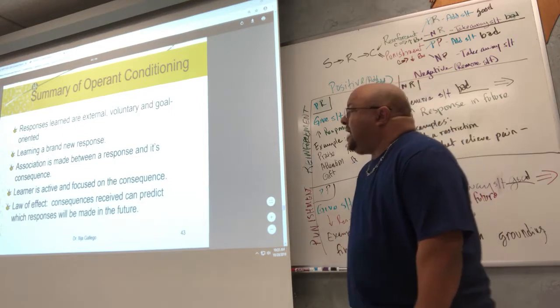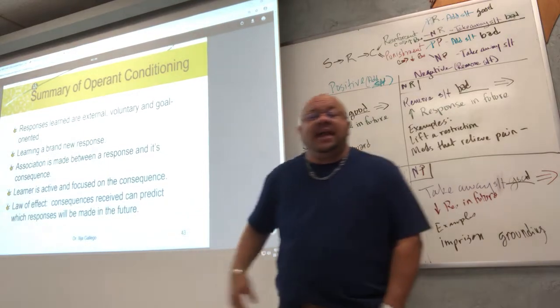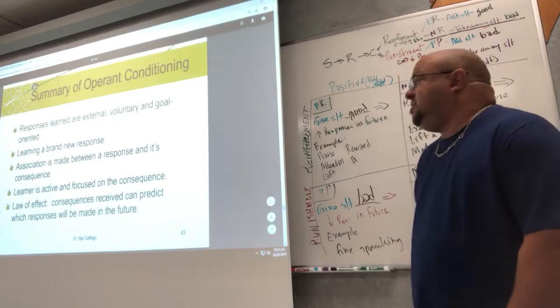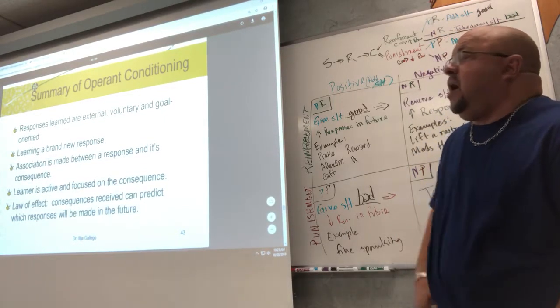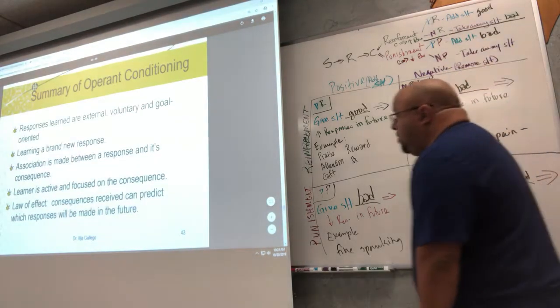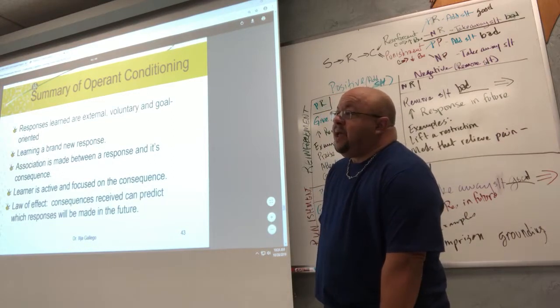And the learner is active and focused on the consequence, whereas in classical, they were passive and focused on the unconditioned stimulus. And this is all based on Thorndike's law of effect that says that the consequences we receive will predict what responses we make in the future.